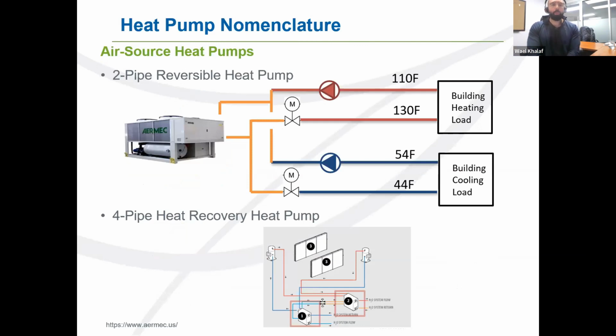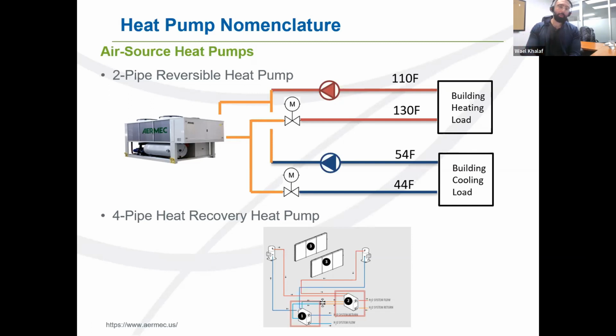Then I have a two-pipe reversible heat pump. This heat pump is essentially fitted with a reversing valve. If you understand refrigeration cycles or heat pump technology, the reversing valve is what allows us to switch the orientation of the refrigerant going through the evaporator and the condenser. Fitted with this reversing valve, it allows us to provide heating water or cooling water, but not both at the same time.